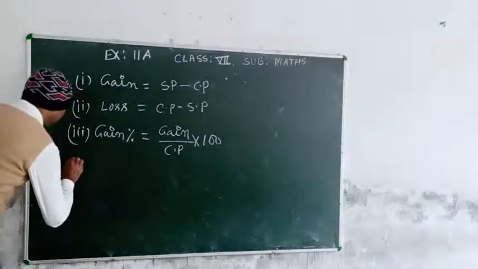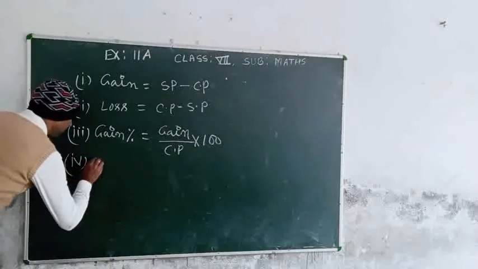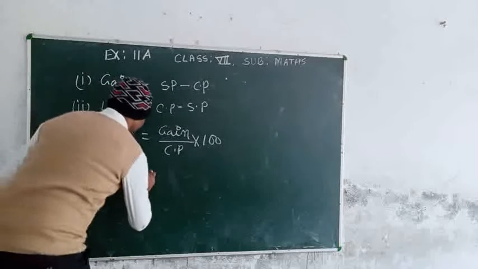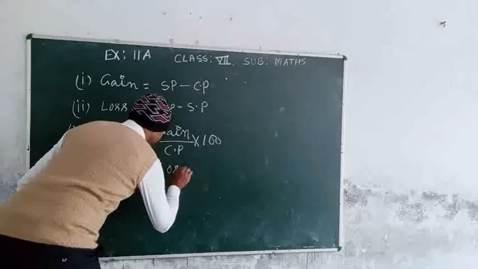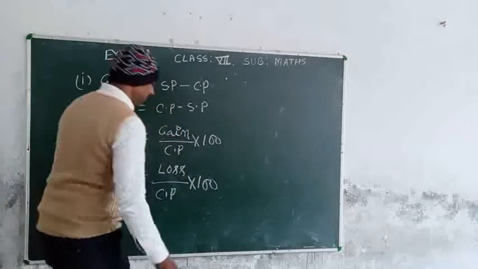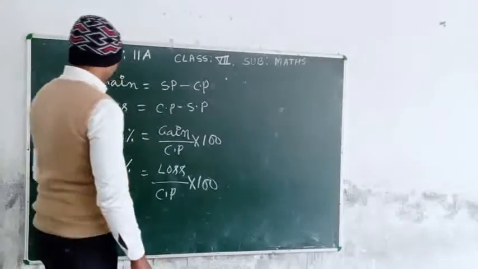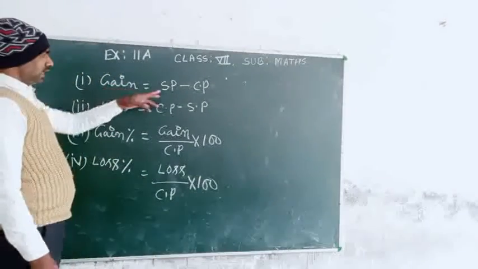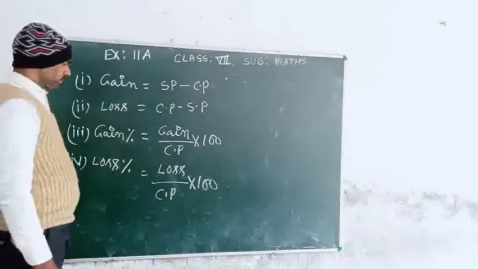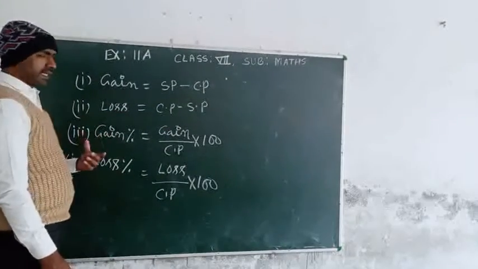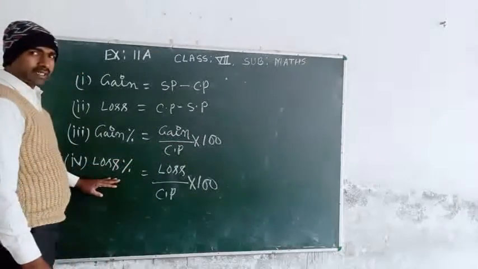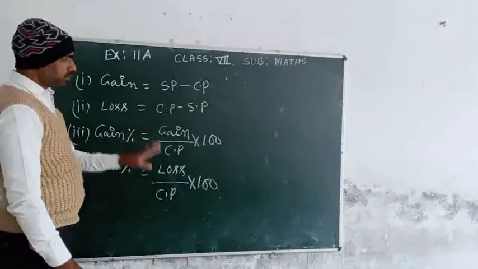Again, to find loss percent, it will be loss upon CP multiplied by 100. So here we find gain as SP minus CP, and loss as CP minus SP. Gain percent is gain upon CP into 100, and loss percent is loss upon CP into 100.